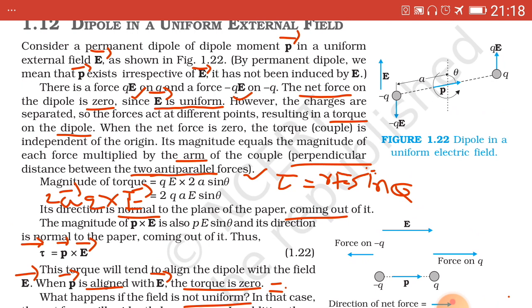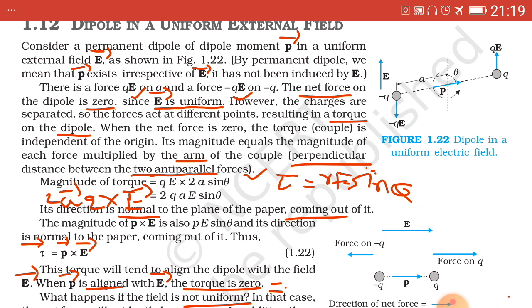In the first figure A, when P is parallel to E, the dipole has a net force in the direction of increasing field. Increasing field means both are in the same direction, two arrows shown towards the right hand side. While in figure B, when P is anti-parallel to E, the net force on the dipole is in the direction of decreasing field.